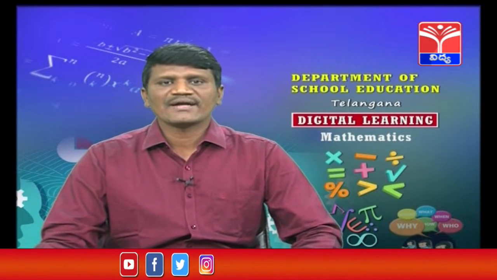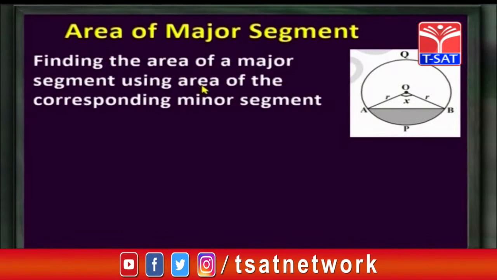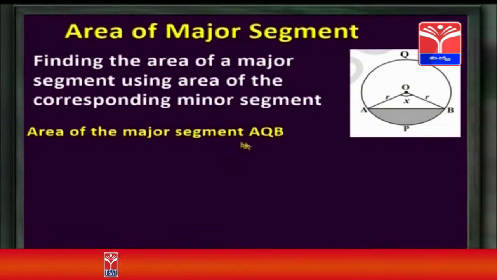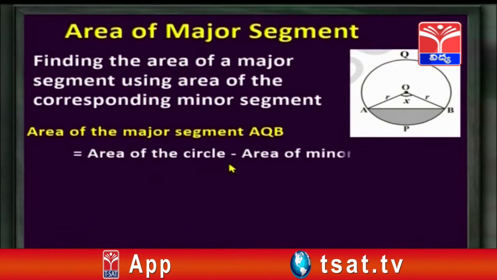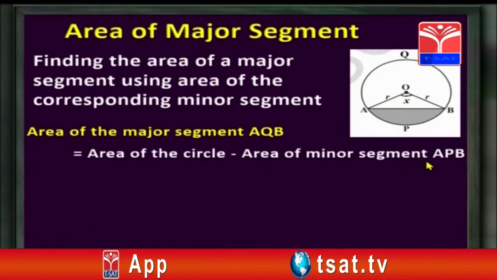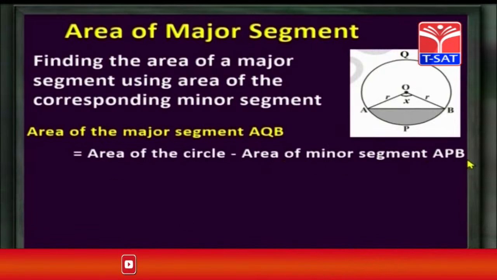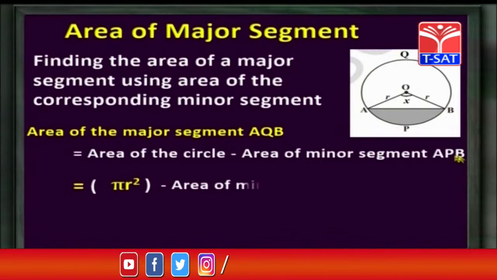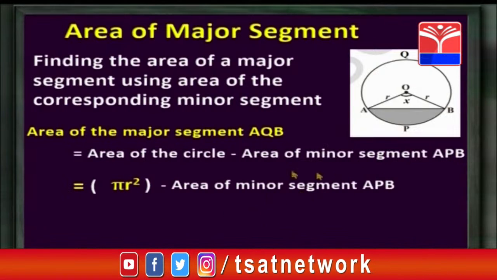So, the area of the major segment AQB is equal to the area of the circle, pi r square, minus the area of minor segment APB.